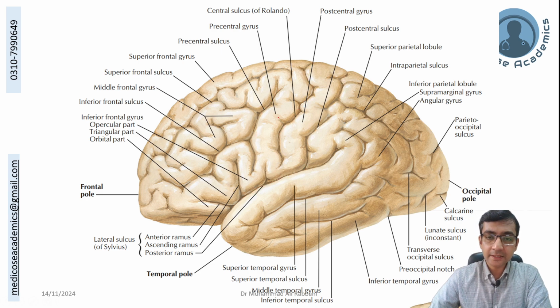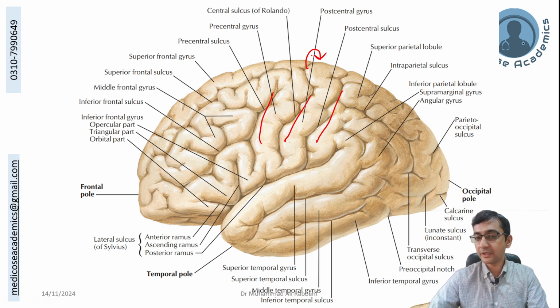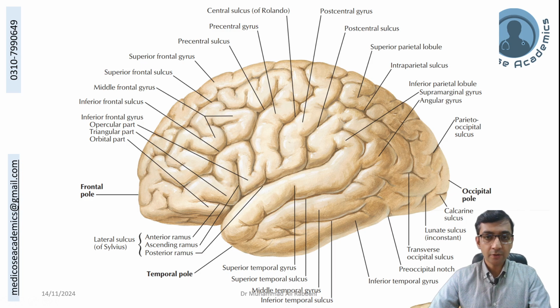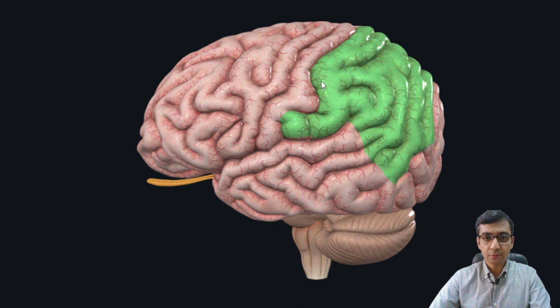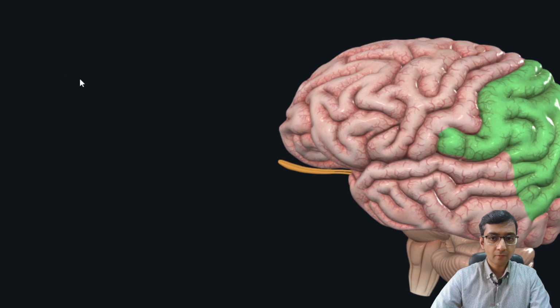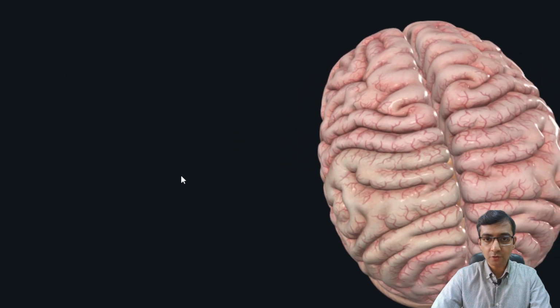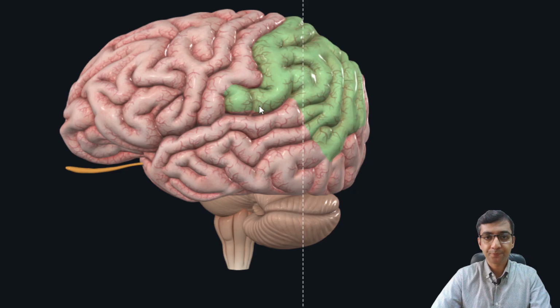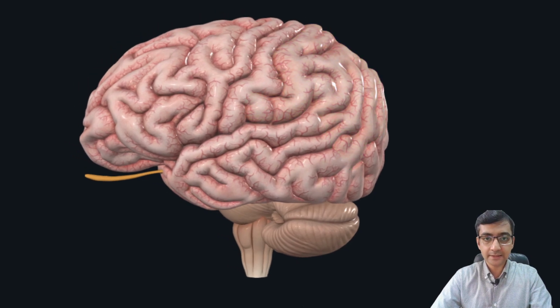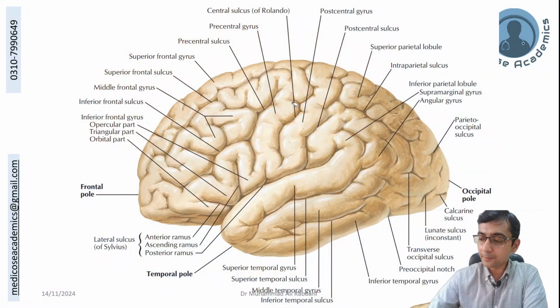To identify it, it is the middle of the three parallel sulci, and it goes onto the superior margin and continues from the superior aspect to the medial surface too. We will see shortly the medial surface of the hemisphere too.